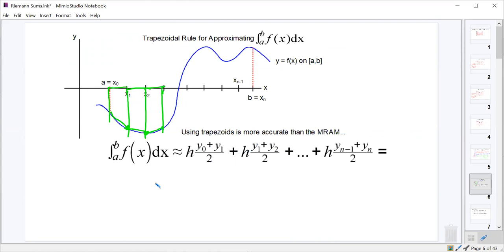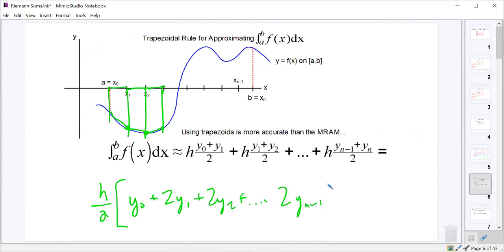Or if we factor out the h, that becomes h over 2 times y naught plus 2y1 plus 2y2, all the way down to 2y sub n minus 1 plus y sub n. Everybody good with that? Remember that rule?